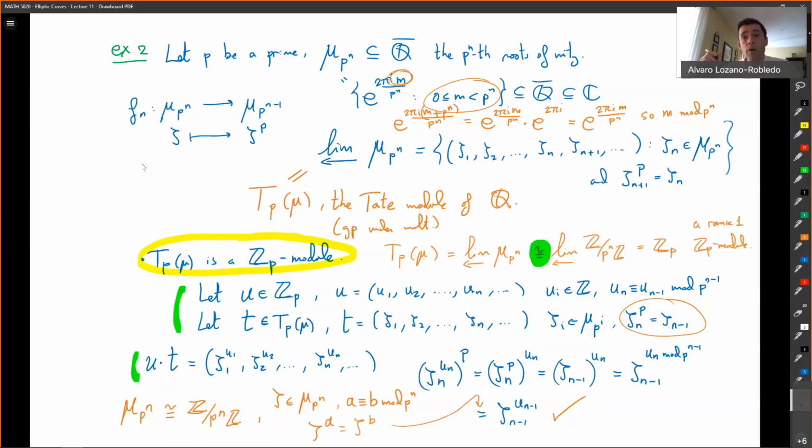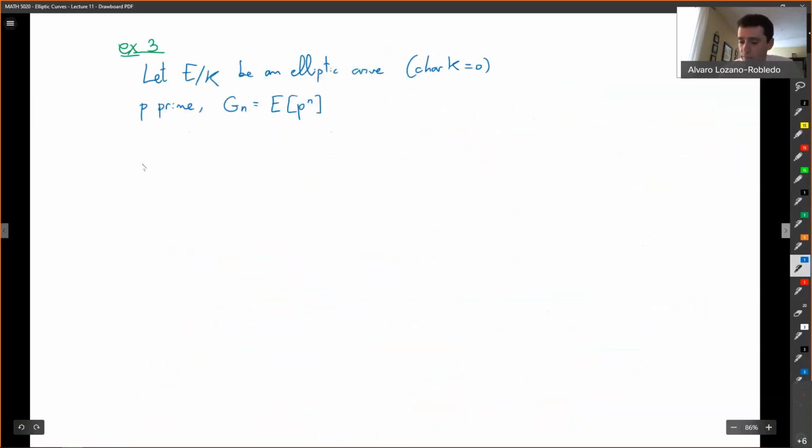Raising to the p-th power was my isogeny on Q bar, so let me put a remark here.